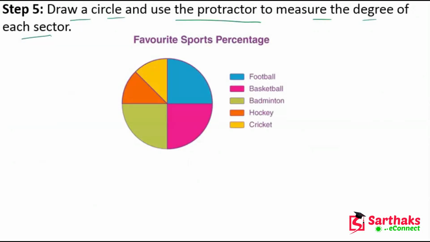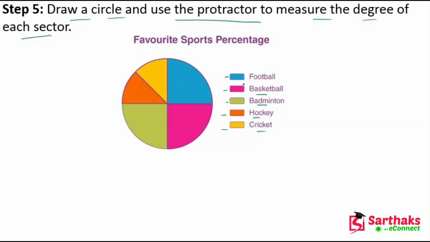Understand? You can see that there are different sectors. We are representing this color for football, this color for basketball, this color for badminton, this orange color for hockey, and this yellow color for cricket.